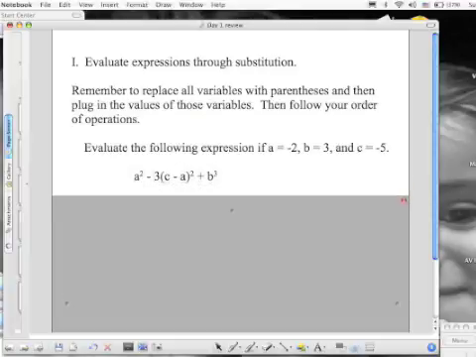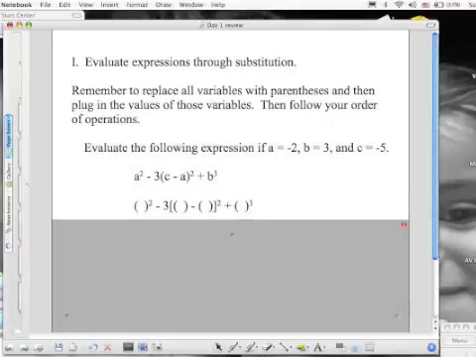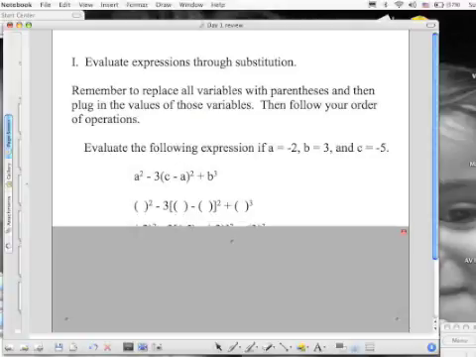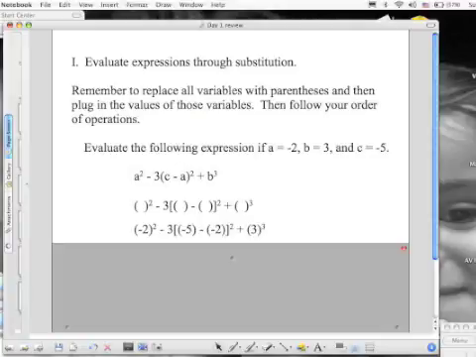This is the expression. First step, remember, rewrite the expression, replacing all variables with parentheses. When you do that, it would read A squared minus 3 times C minus A squared plus B cubed. Then you are going to plug the values for A, B, and C into their respective places, and this is what you would have. Now, following the order of operations, we see that there are 3 terms in this problem.